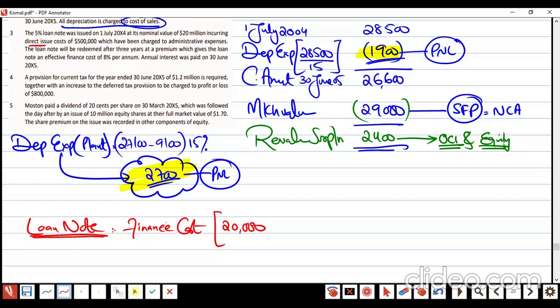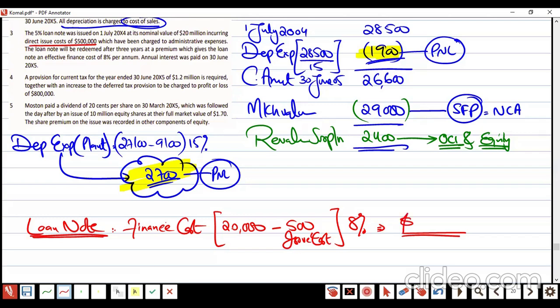Always remember, if there is an issue cost, it is not an expense. Issue cost has nothing to do with the loan as an expense. If there is any issue cost, you have to remove the issue cost in order to compute the interest. You cannot charge interest on issue cost.